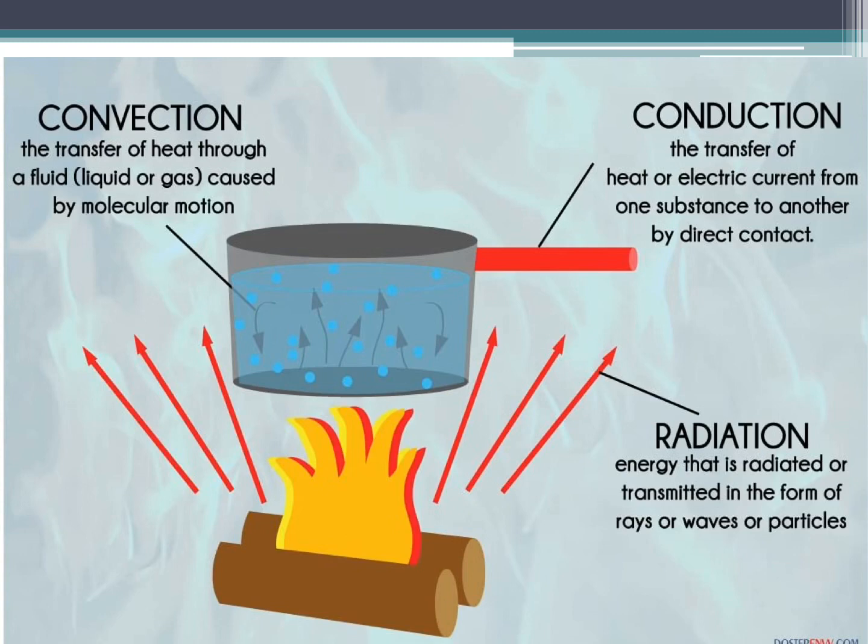We said that radiation is the transfer of energy by electromagnetic waves. It could be visible light or infrared waves. Now, unlike convection and conduction, radiation can involve either energy transfer between particles of matter or energy transfer through empty space, just like the sun.